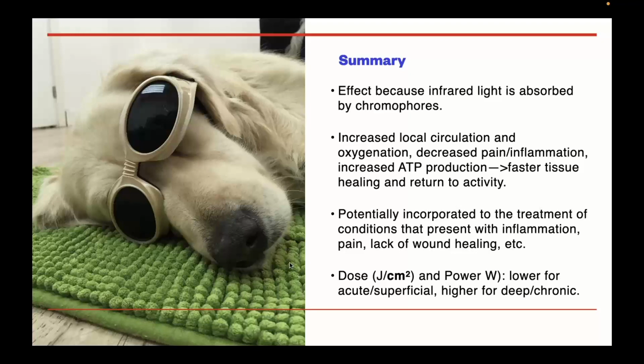And dose, which is joules per square centimeter, and power, which is measured in watts, are generally lower for acute superficial conditions and higher for deeper and more chronic ones. Remember, treatment area is part of the definition for dose, so we should always try to make a good estimation or measure the treatment area size.